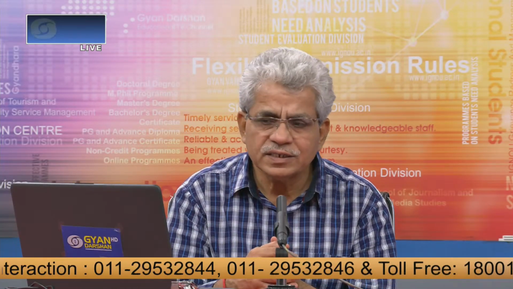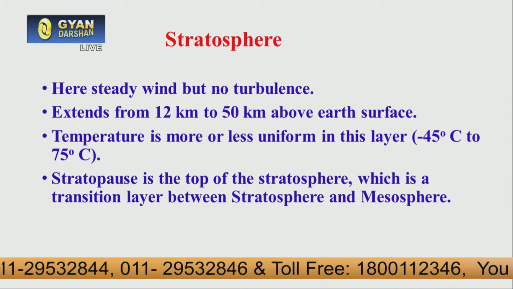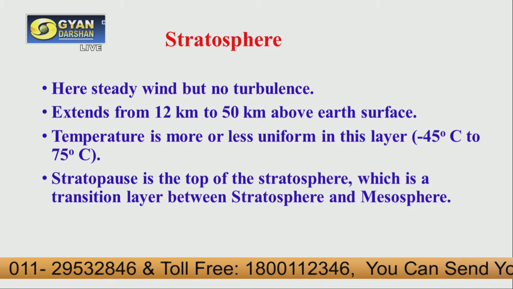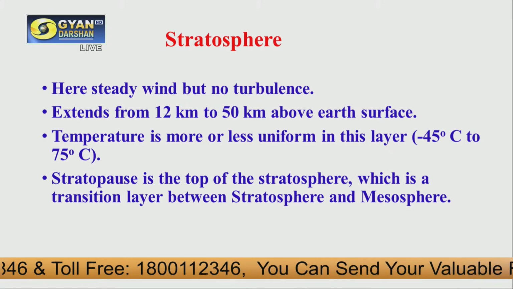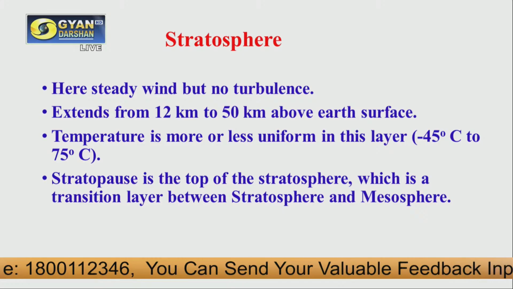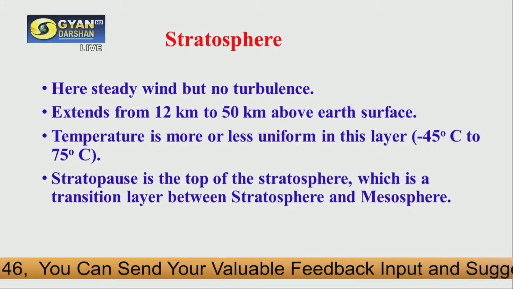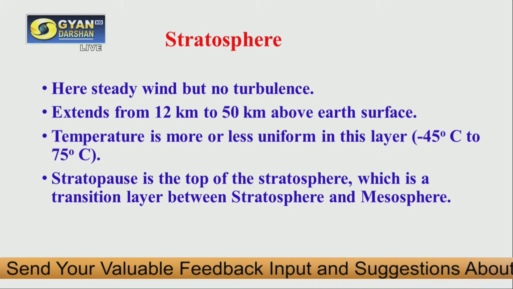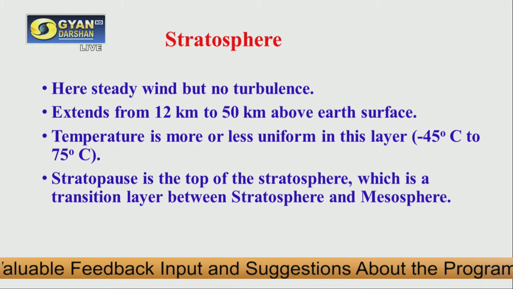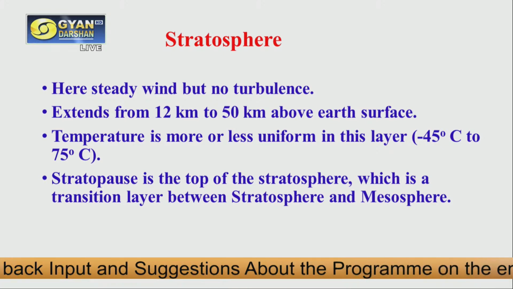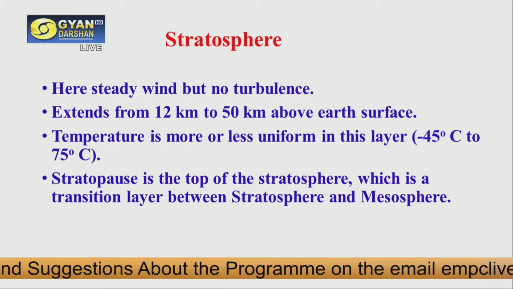Then it extends from 12 kilometers to 50 kilometers above the Earth's surface. Temperature is more or less uniform, which is minus 45 degrees centigrade to 75 degrees centigrade. Then the stratopause is the dividing layer.